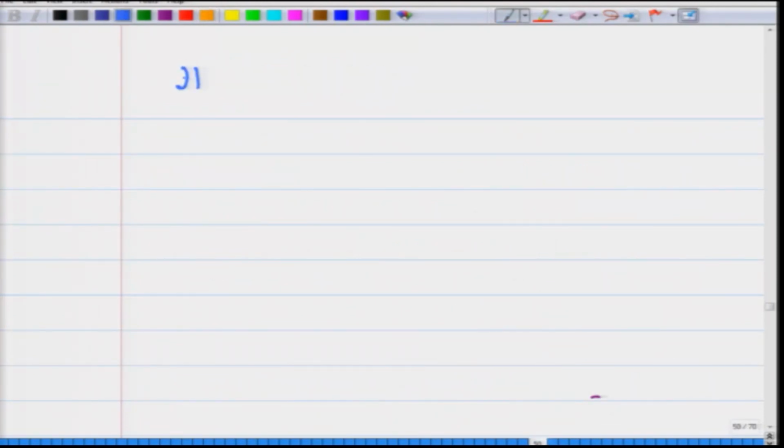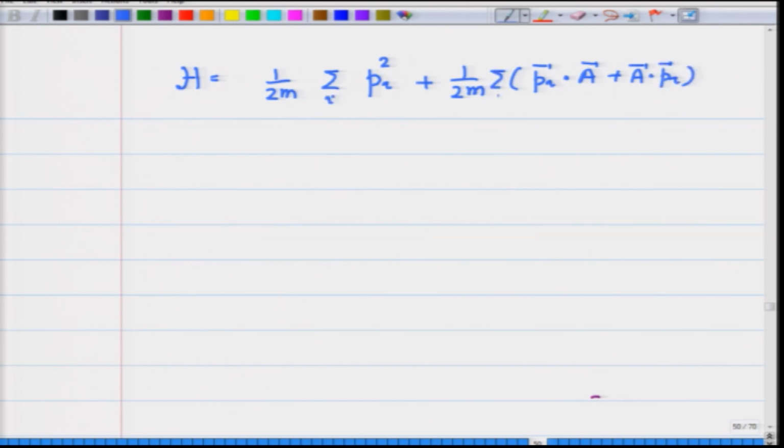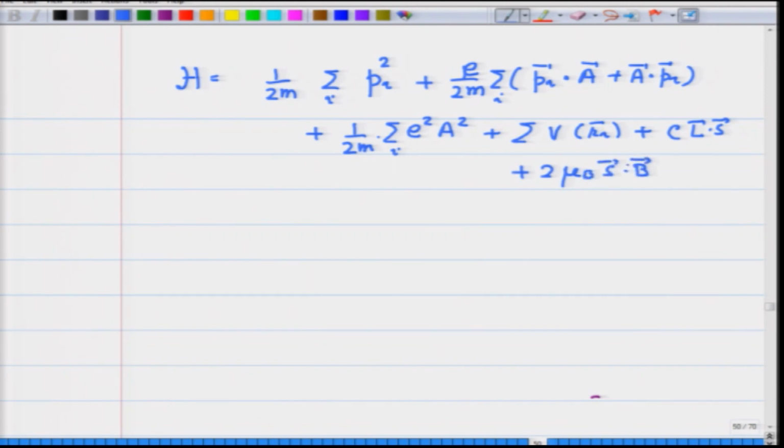So, the Hamiltonian again when I write, expanding the terms, is going to be 1 over 2m summation of p_i squared, plus 1 over 2m (p_i dot A plus A dot p_i), which is also summed over and there is an e, so that e will give me an e right here on top, plus 1 over 2m e squared A squared summed over i, plus summation V(r_i), plus the spin orbit term L dot S plus 2 mu B S dot B.